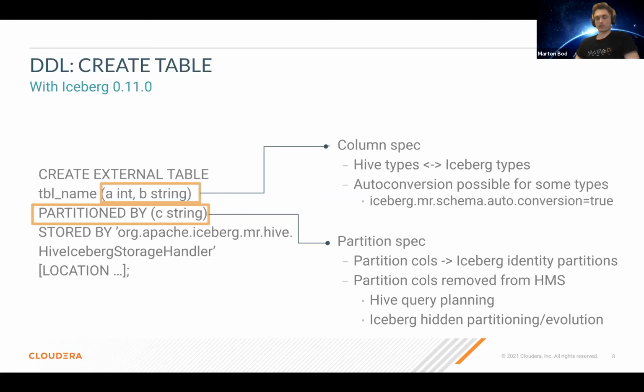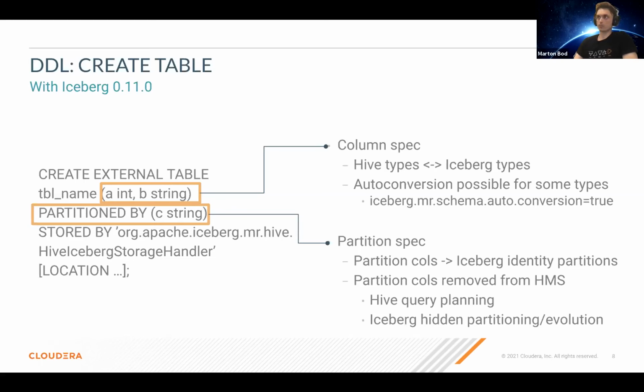And so the first thing I would like to call out is regarding the column specs. Here I used an int and the string type, but what should be realized is that Hive supports certain types and Iceberg supports certain types as well, and there's quite a bit of overlap between the two.